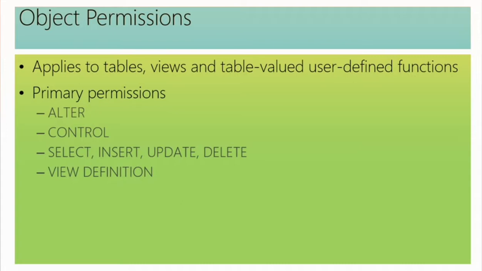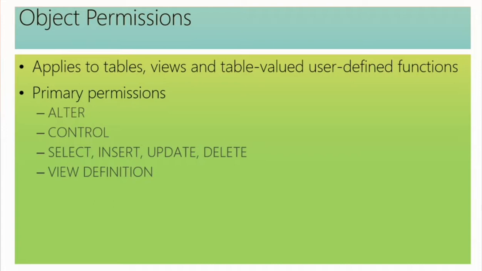As far as object permissions are concerned, it depends on the type of object. So I might need to change the structure of something like a table. Maybe I need to add a column, add a constraint. So alter permissions might apply. Another possible permission is control, where I have really unrestricted access to a particular object.